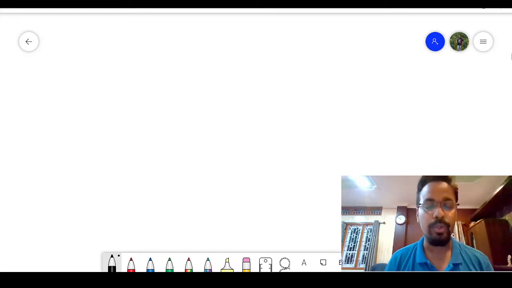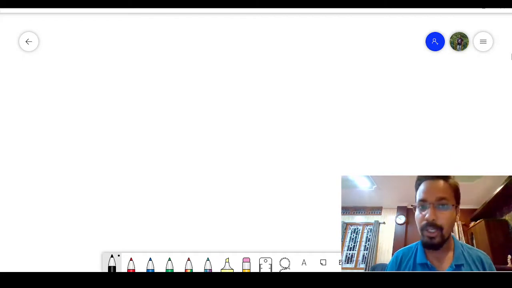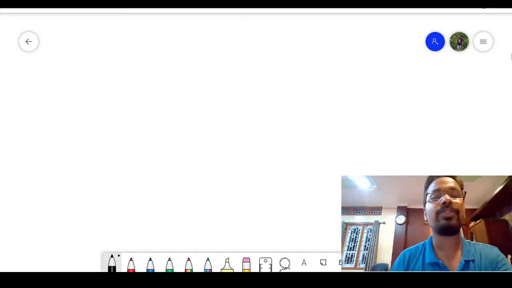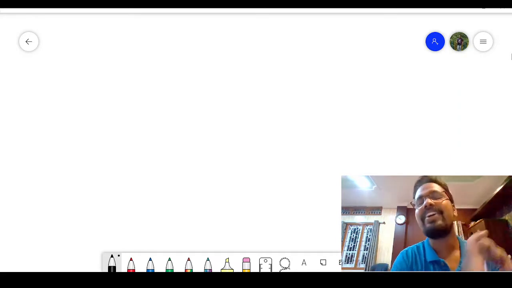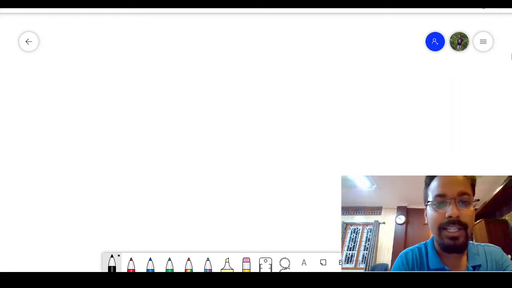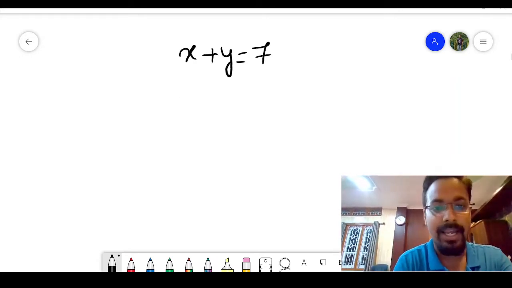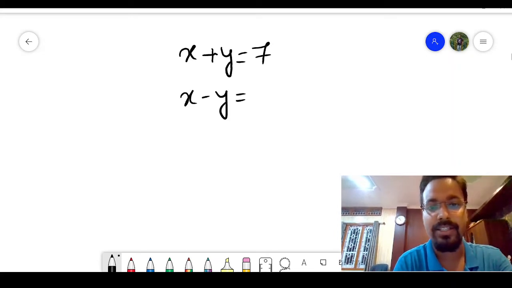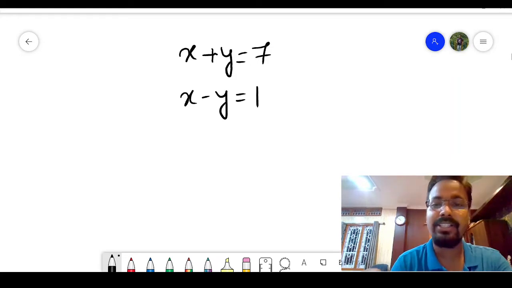So the first thing that we are going to see today is, let us take one example of a pair of linear equations in two variables. So let us pick x and y, the most common variables that we have. Let me take a very simple equation. For example, x plus y equals 7 and x minus y is equal to 1. Suppose these are the two equations that we have taken. Now these are a pair of equations.